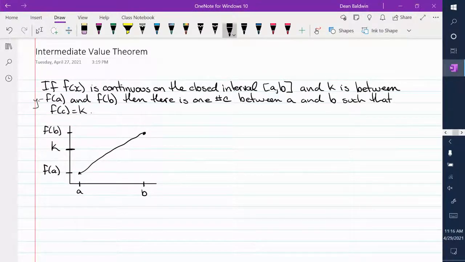And then what the intermediate value theorem says is there is one number, which we'll call c, between a and b such that f of c is equal to k, i.e., if this is k, then there has to be a number c that is between a and b such that if I put c into the function, I get k. That's all it's saying.